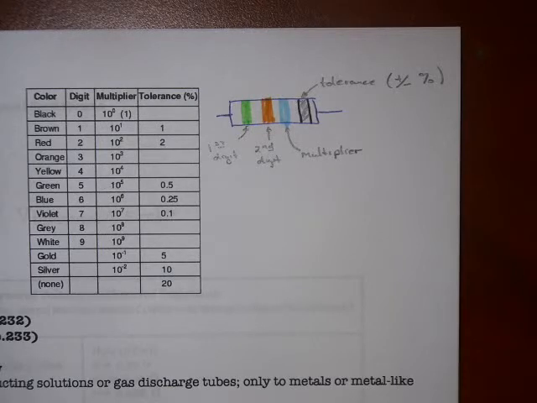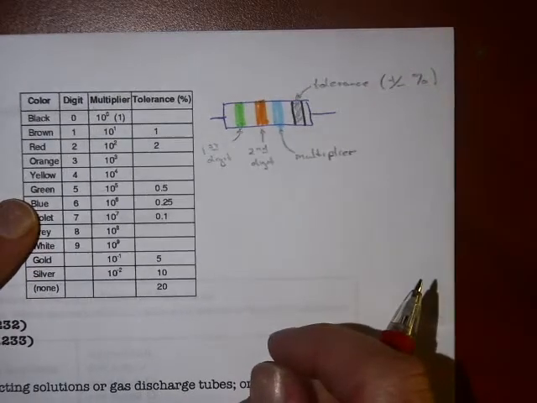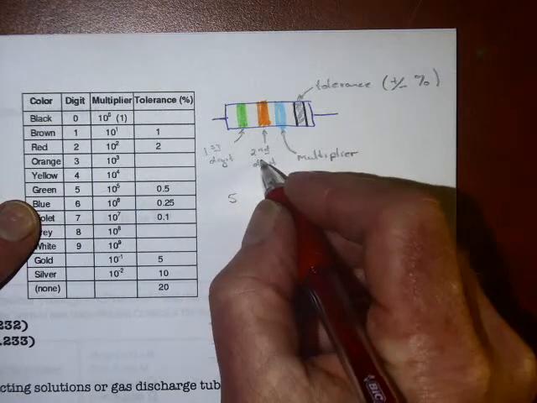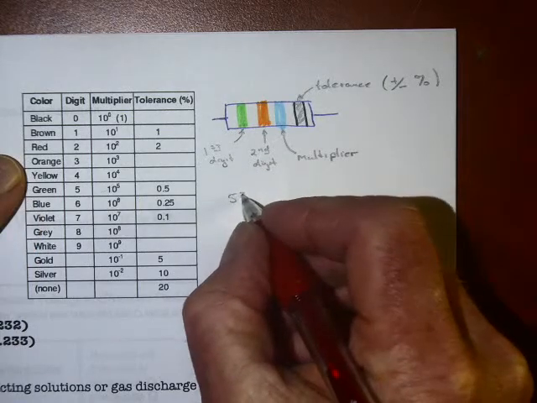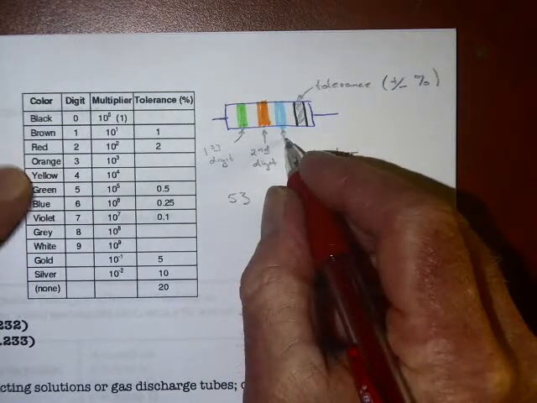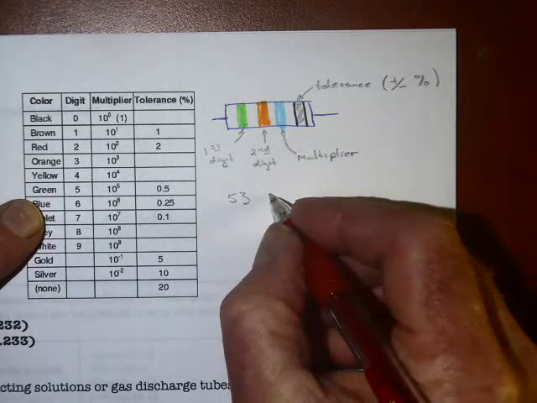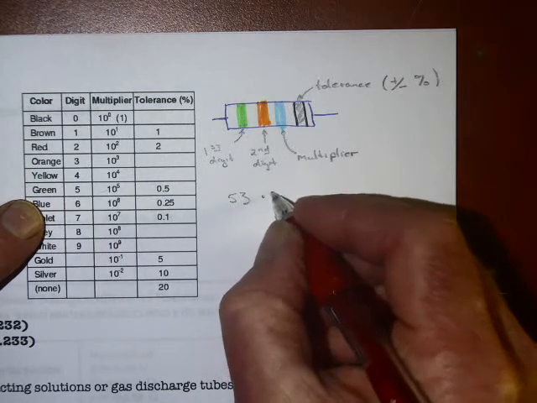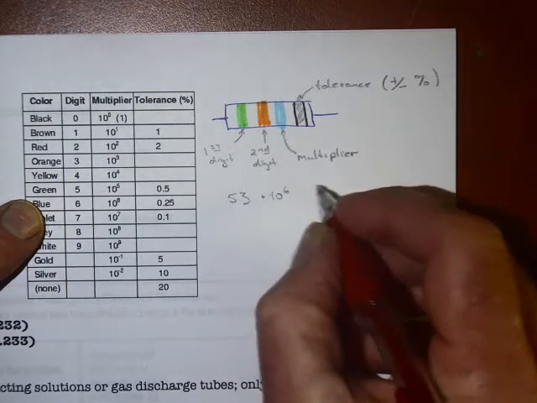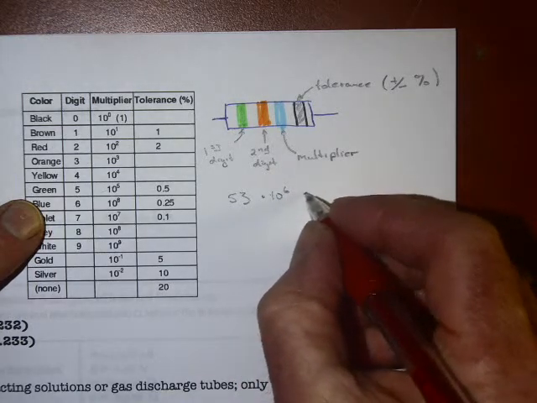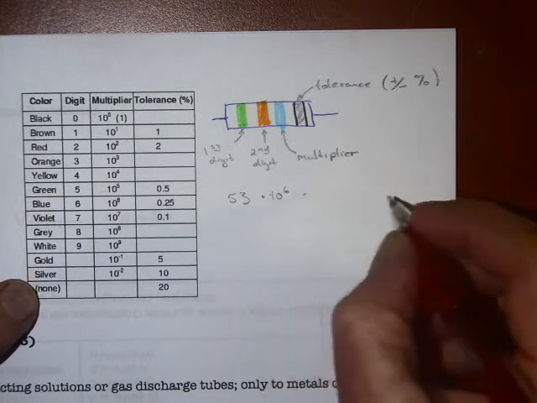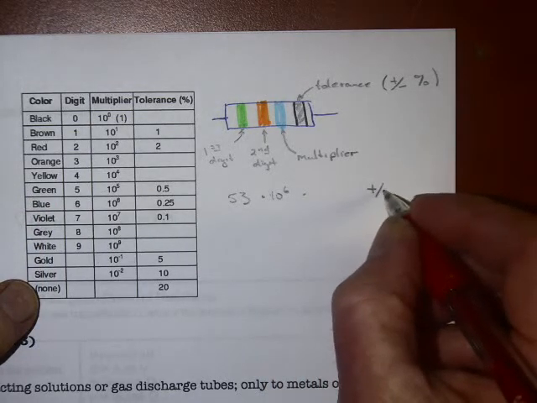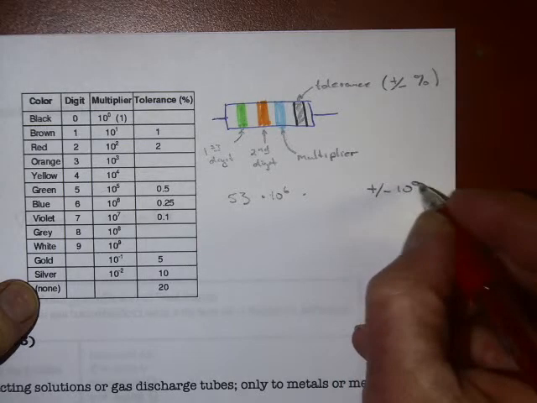Okay, so green is 5, orange is 3, the multiplier is 10 to the 6th, and the tolerance, silver, is plus or minus 10%.